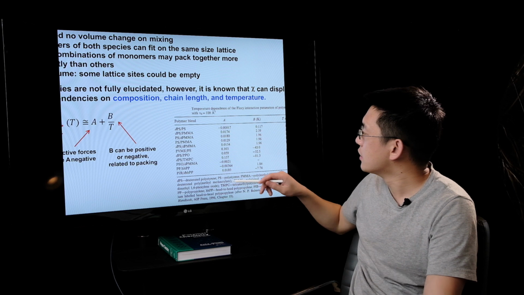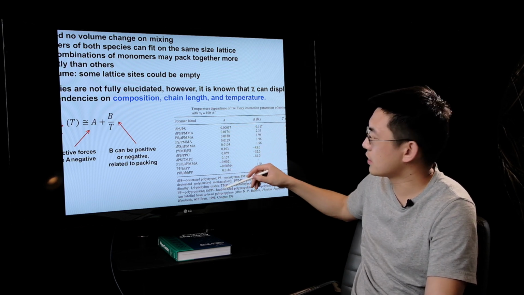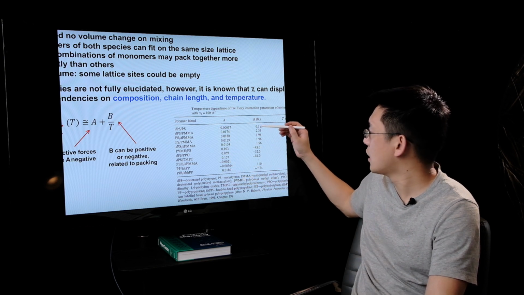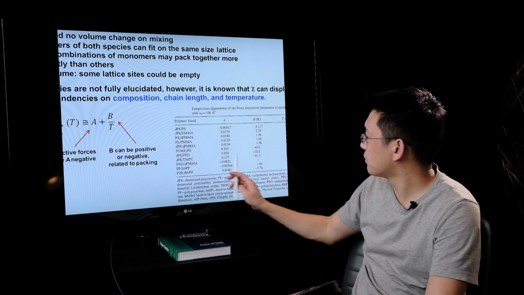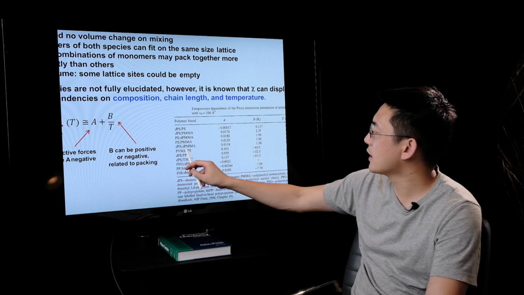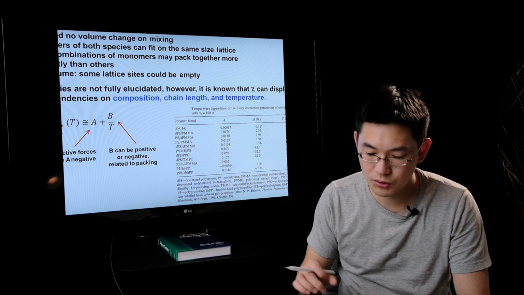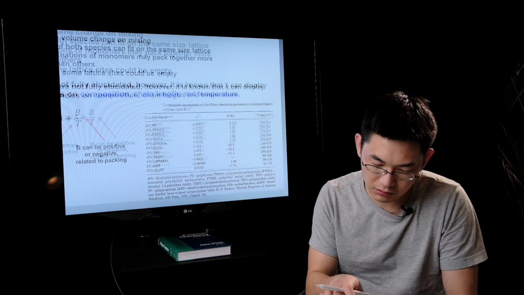So you can tell A is a constant term that determines your starting point, and the B term shows how strongly it depends on temperature. For example, deuterated polystyrene with PPO has a quite strong dependence on temperature, while PMMA doesn't. If you change temperature, it will be flat, but if it has a stronger dependence, that will show up.